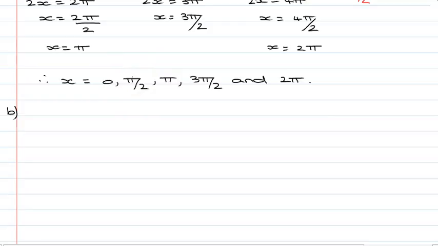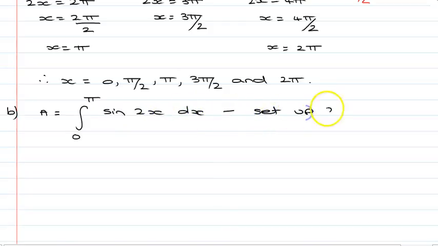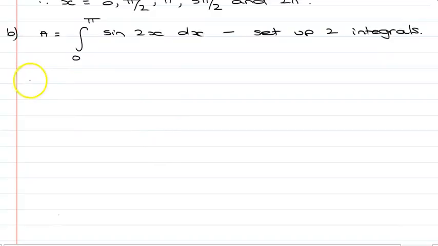So I need to set up two intervals. Find the area between 0 and pi of sine 2x dx. Remember, because we haven't got a sketch of the graph, we'll take the absolute value.